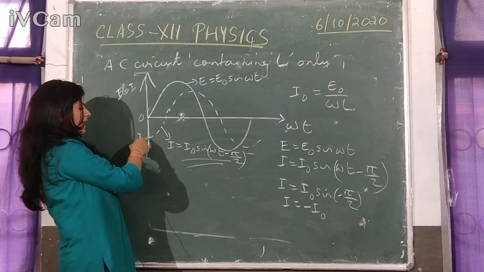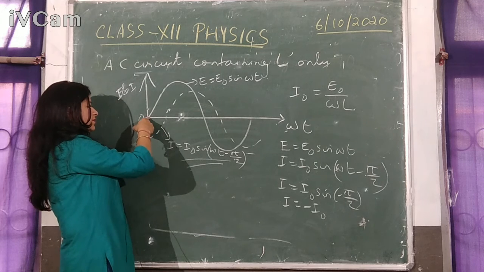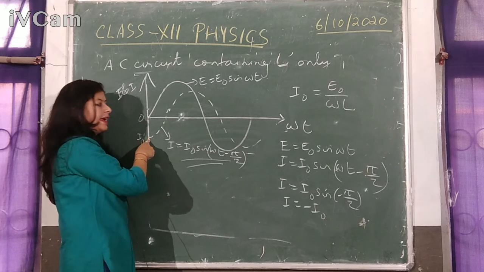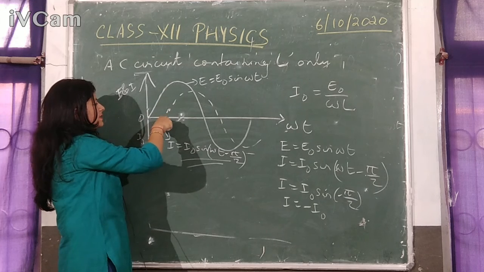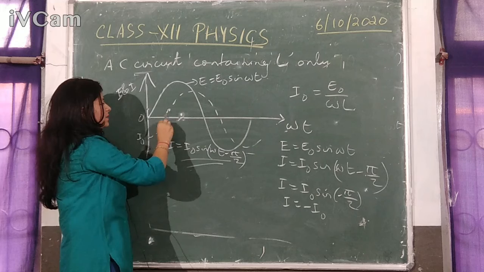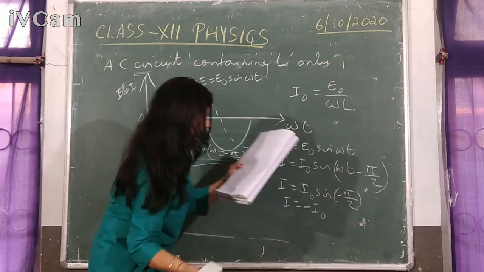There is a phase lag of pi by 2, that's why it's starting a little late. By the time the voltage is at 0, the current is still at the negative peak, and by the time the voltage is at its maximum, the current is still at the 0 mark. It should come in the middle. Okay, that is how you draw the wave diagram.